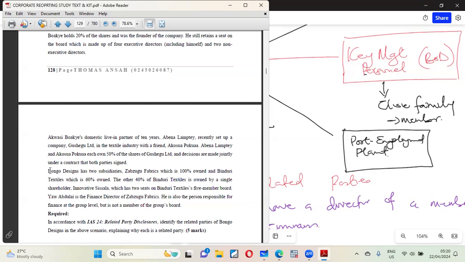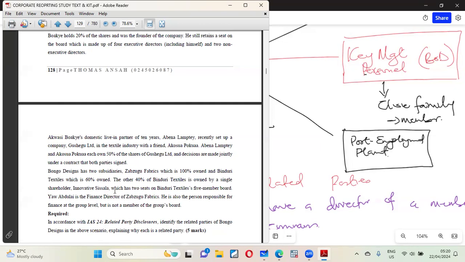So you can see that 50% of Gushegu, and the decisions are made jointly under the contract. Bongo Designs has 2 subsidiaries: Zabzugu Fabrics, which is 100% owned, and Binduri Textiles, which is 60% owned. All these things are controlled. The other 40% of Binduri Textiles is owned by a single shareholder. That is significant influence.